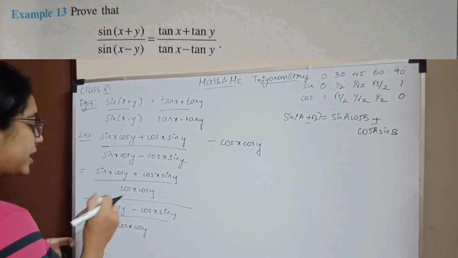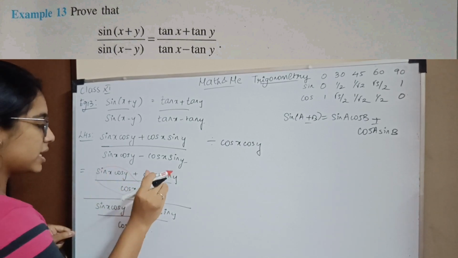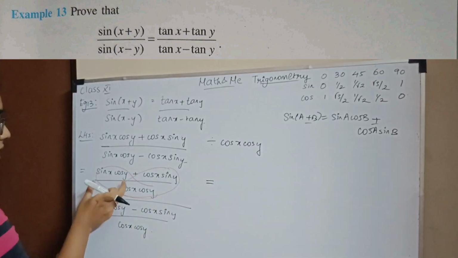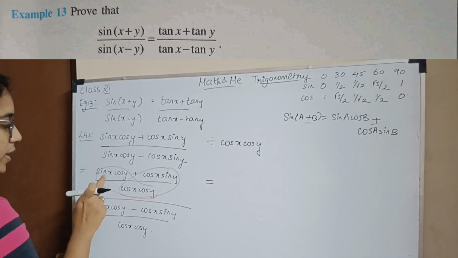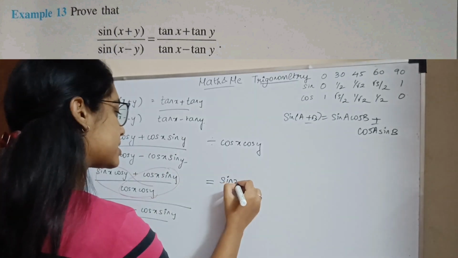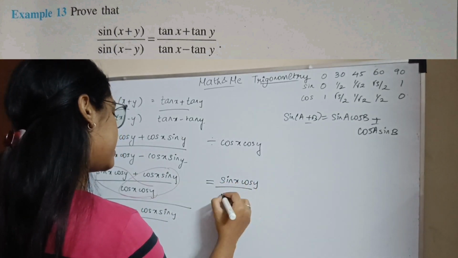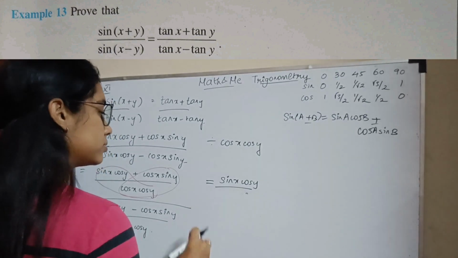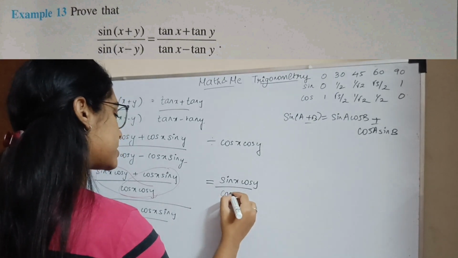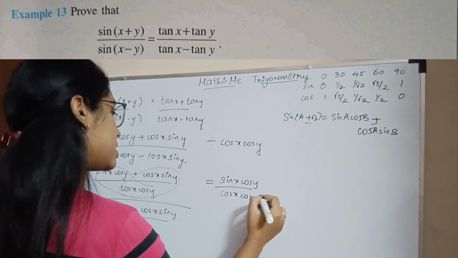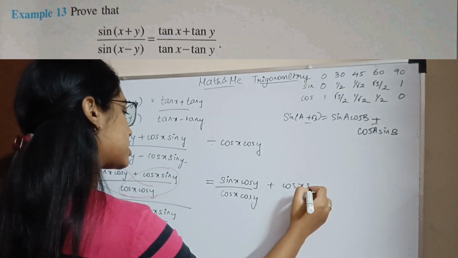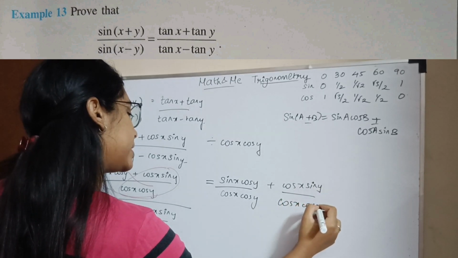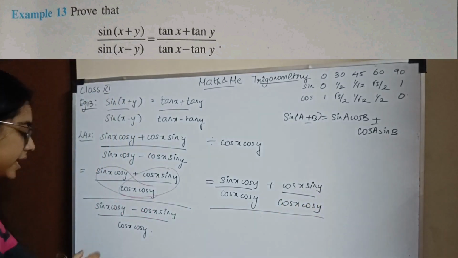So, here when I take this term separately and this term separately, what will I be left with? Taking the first term only, sin x cos y plus cos x sin y, I will write it down. Sin x cos y divided by cos x cos y plus cos x sin y divided by cos x cos y, the whole divided by, again, these two terms.